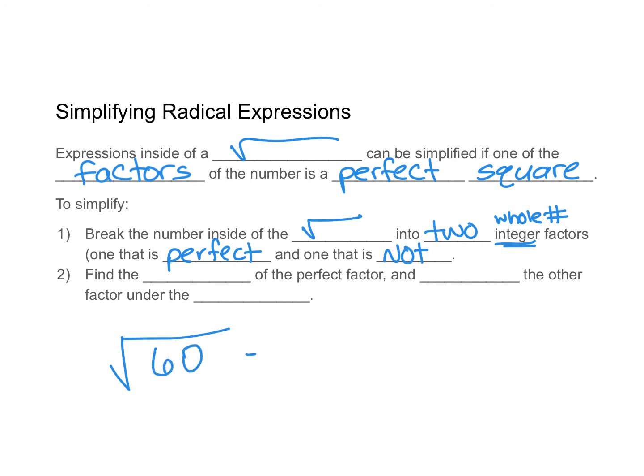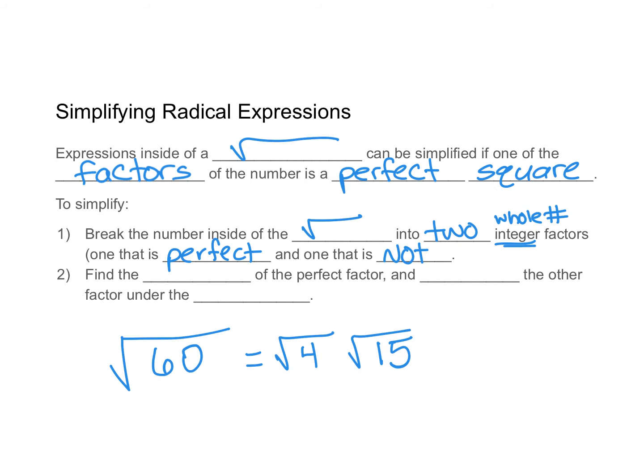The first thing I've got to do is figure out two numbers I could multiply to get 60, one of which is a perfect square. We're going to go to the next slide in a minute and do a cheat sheet of perfect squares. But what I know is that I can multiply 4 times 15 to get 60, and 4 is a perfect square. Now, I know I could multiply 2 times 30 and get 60, but neither of those is a perfect square.